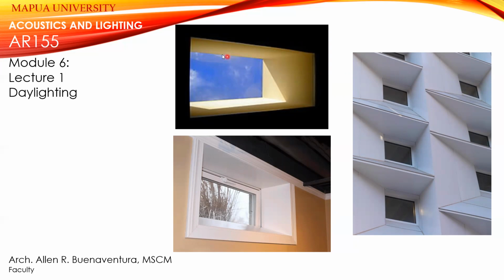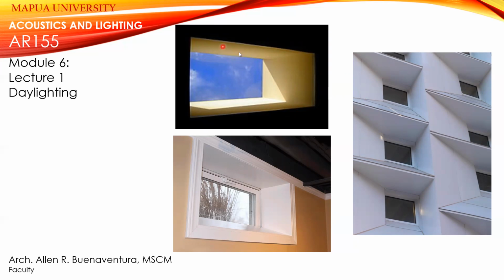If the window is not splayed like this one, it will create a shadow. The penetration of the light inside is not that efficient because the corner that is 90 degrees will create a shadow. It will block the penetration of light.